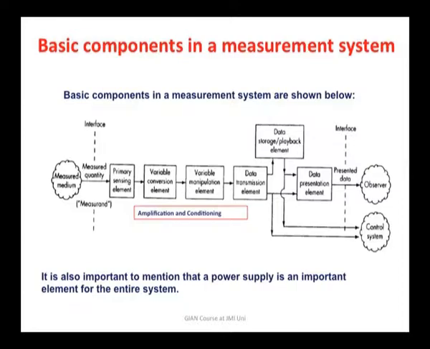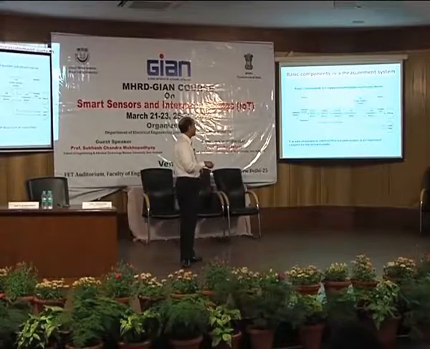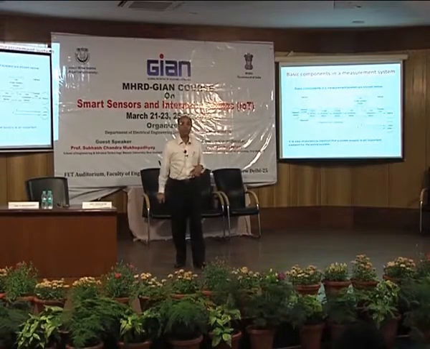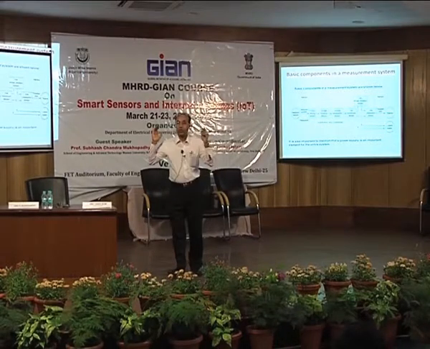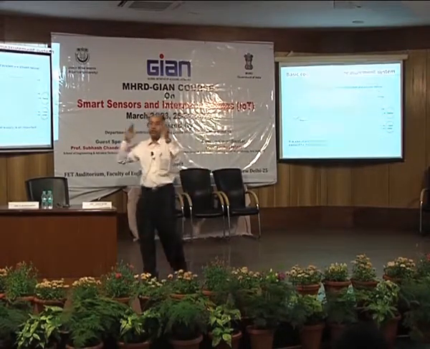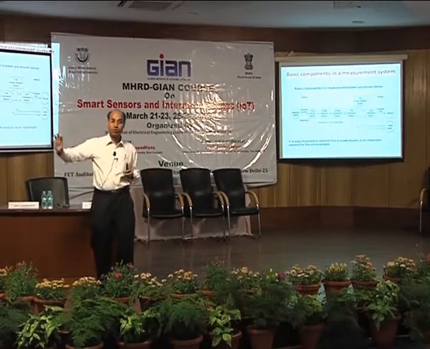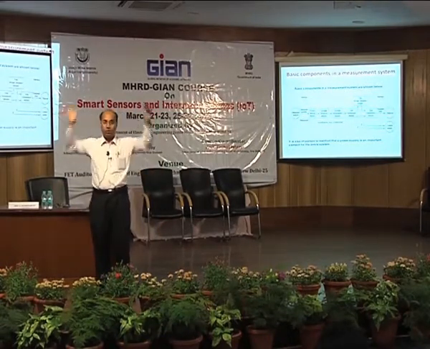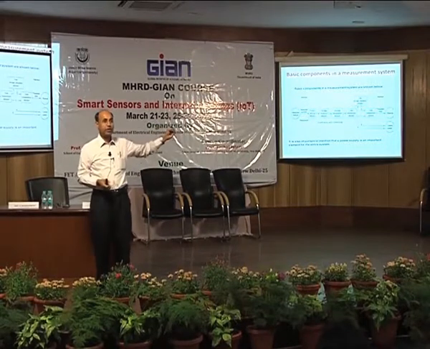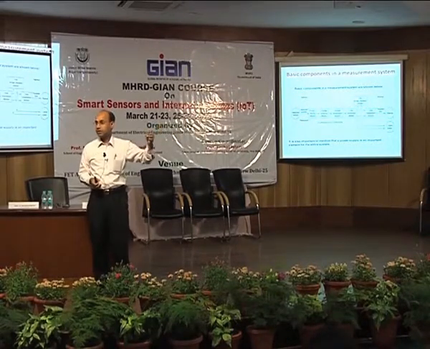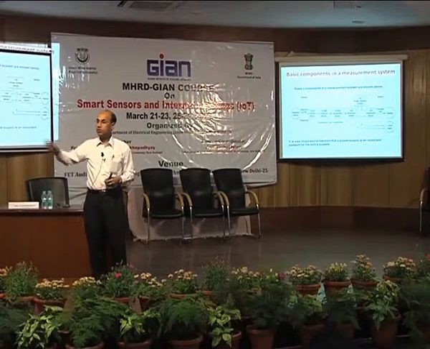Finally it goes to the processor, and the processor gives you some kind of information, whether you want to display it or use it to control. So effectively, if you think of a whole smart sensor, we get inputs from the sensor, and we give output for controlling something.